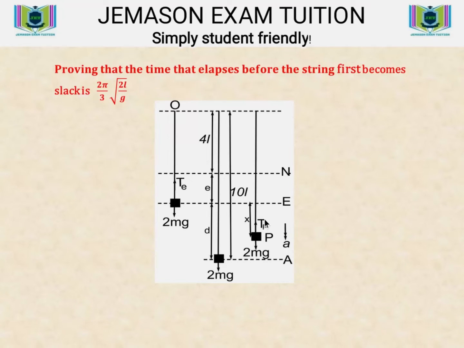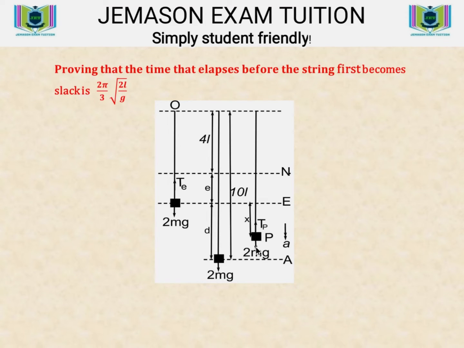And so, to calculate that time, we need to make use of the equation of the displacement of the particle, in which we would be needing the displacement of the particle at the level of n, which is 2L, because from E to N is the equilibrium extension, which is 2L, but in the real sense it is negative, because the particle has found itself on the opposite side of the equilibrium position.